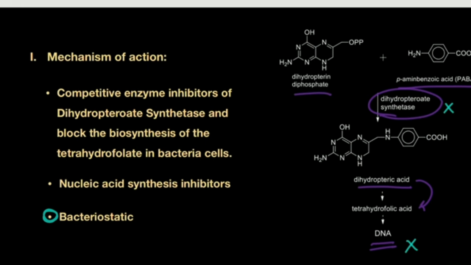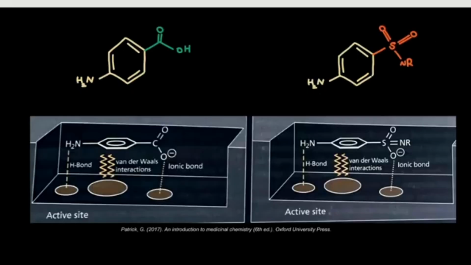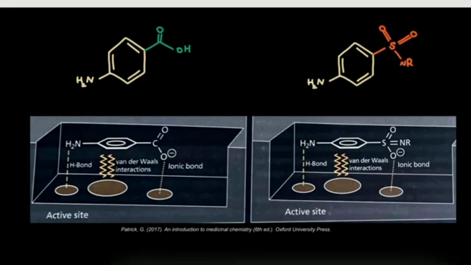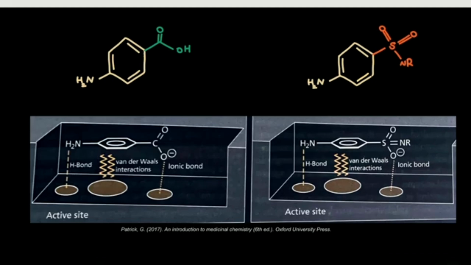Then what makes these drugs able to bind to the enzyme here and prevent this process of forming DNA? The answer lies in the structure of these drugs. Sulfonamides mimic PABA, the natural substrate for the dihydropteroate synthetase. As you can see in this figure here, these two molecules have slightly different functional groups.